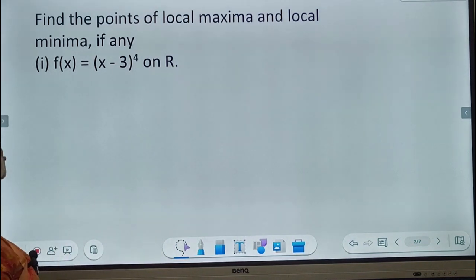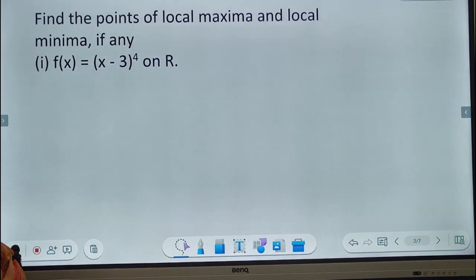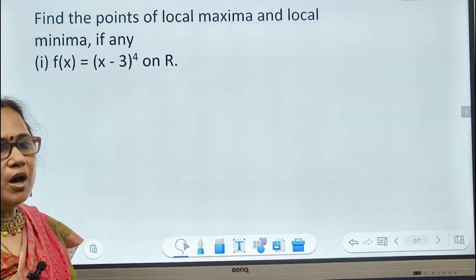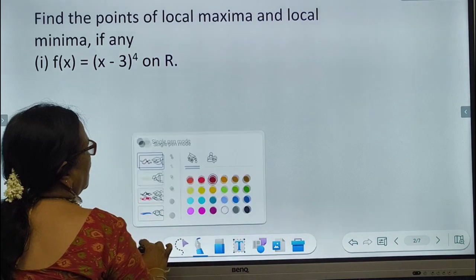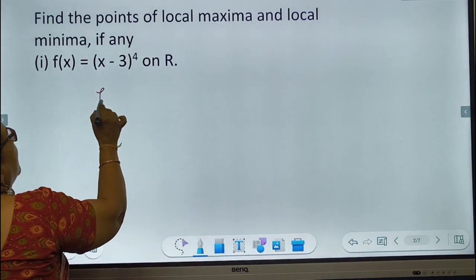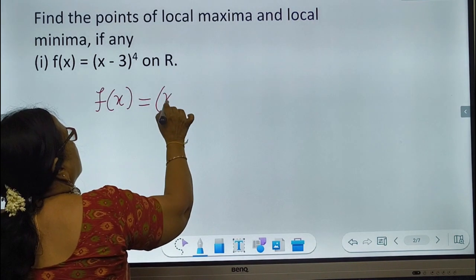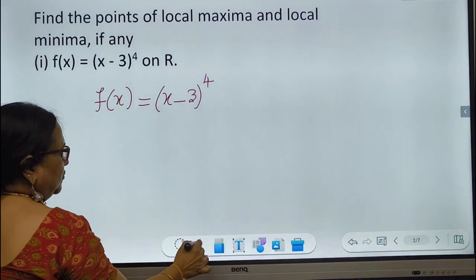So find the points of local maxima and local minima, if any, for f of x equal to (x minus 3) the whole power 4 on R. So we have f of x equal to (x minus 3) the whole power 4.